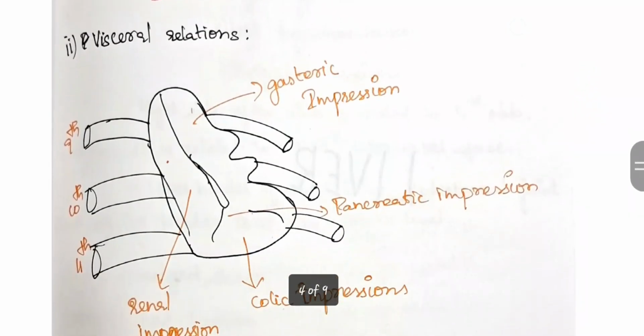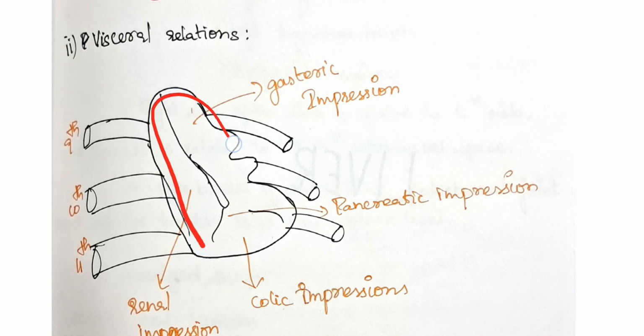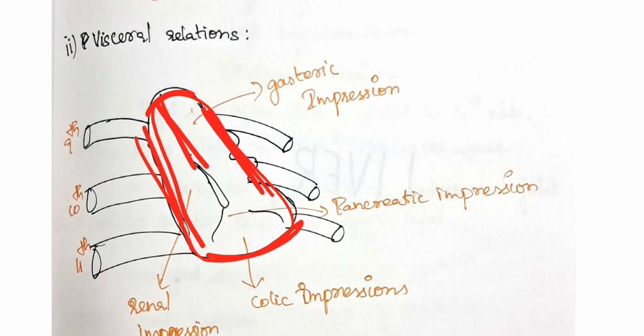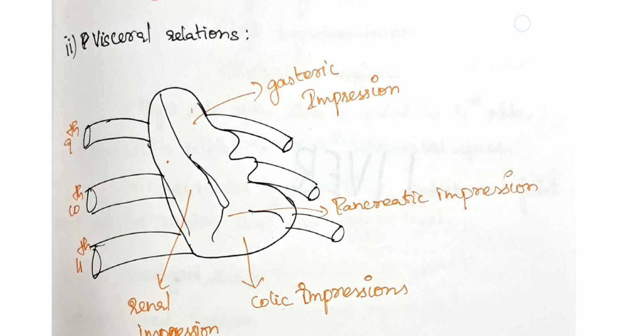Coming to the visceral relations, this is the spleen: superior border, intermediate border, inferior border, posterior end, anterior end. These are the external features. In the visceral relations, this area is totally occupied by the stomach, so gastric impression.